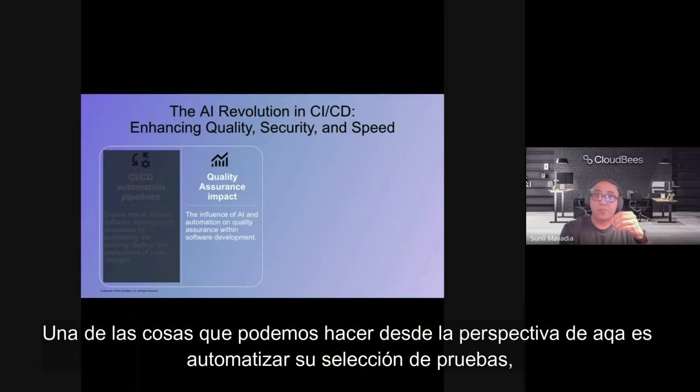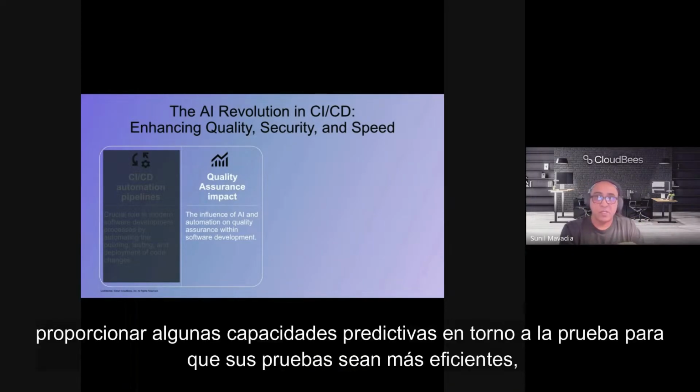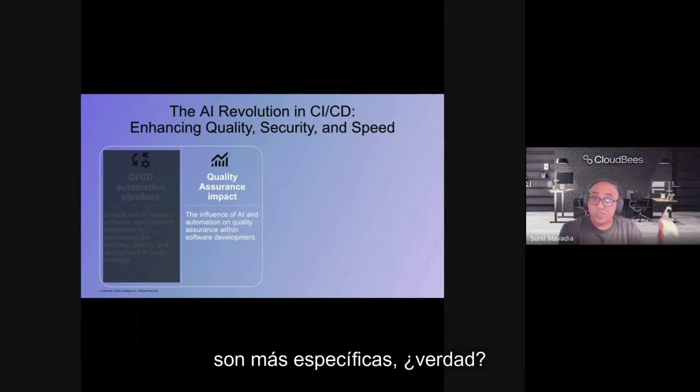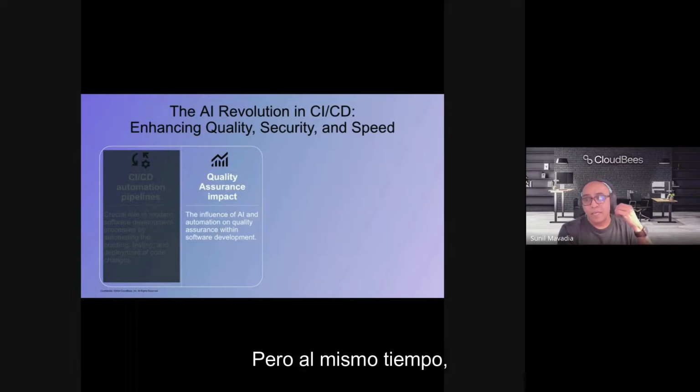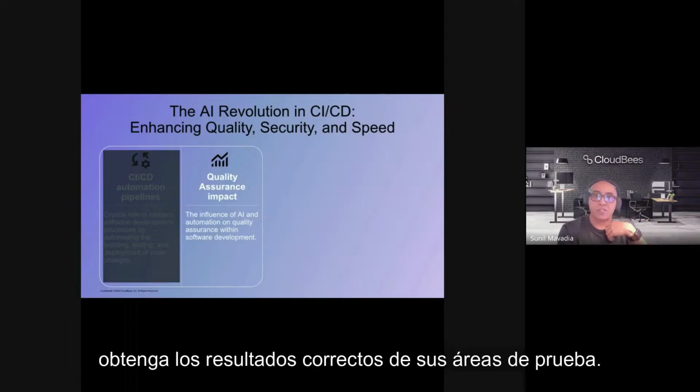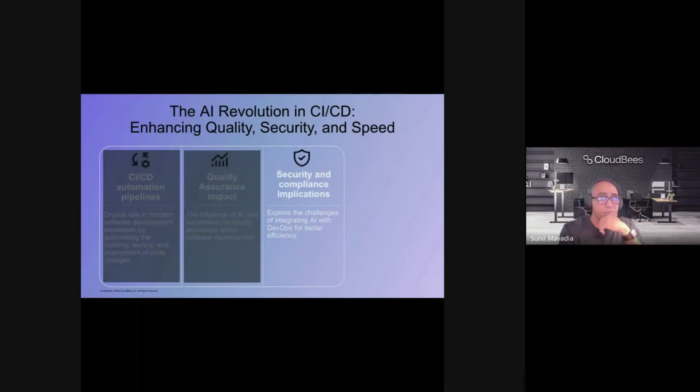You know, provide some predictive capabilities around testing so that your tests are more efficient, they are more specific, right? And they're not wasting time just spinning, so that you can reduce the cost of your infrastructure, but at the same time, get the correct results out of your test areas.